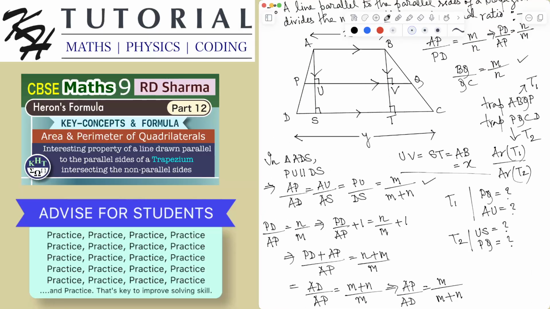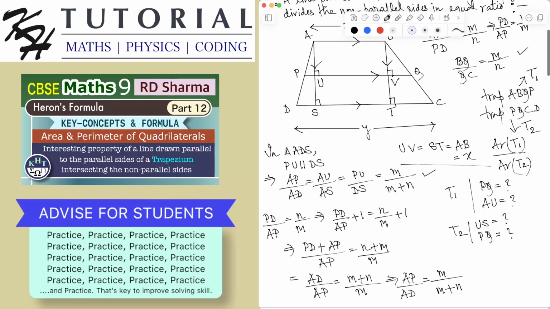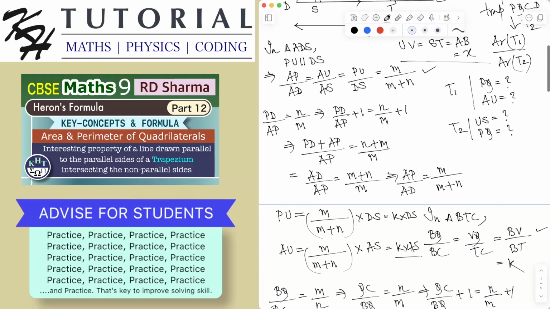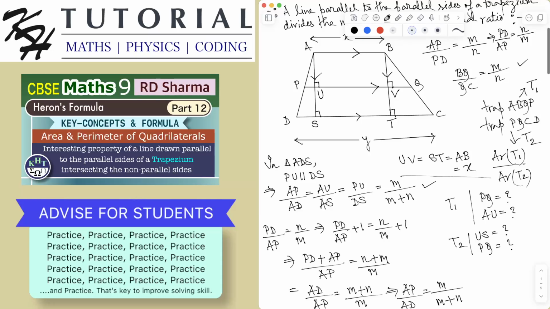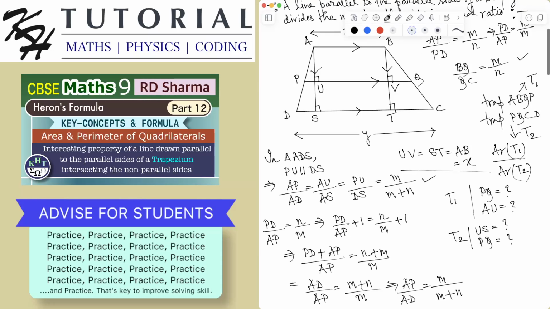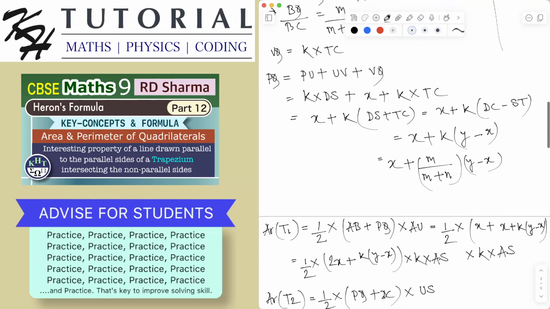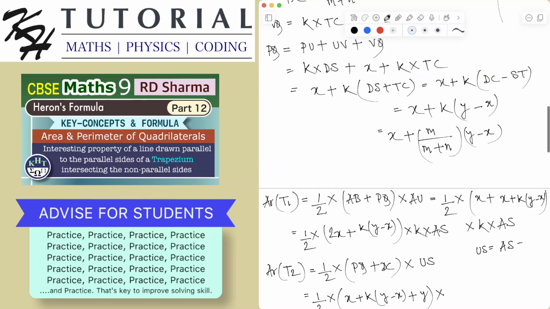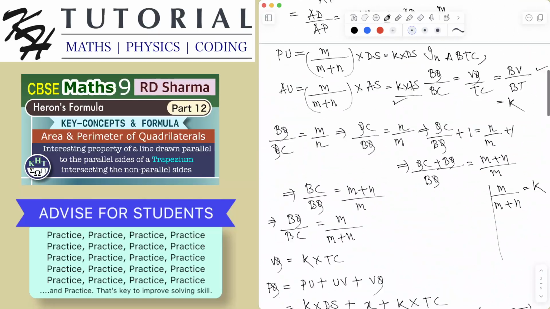We know AU is equal to k into AS. So what is US? US is AS minus AU.